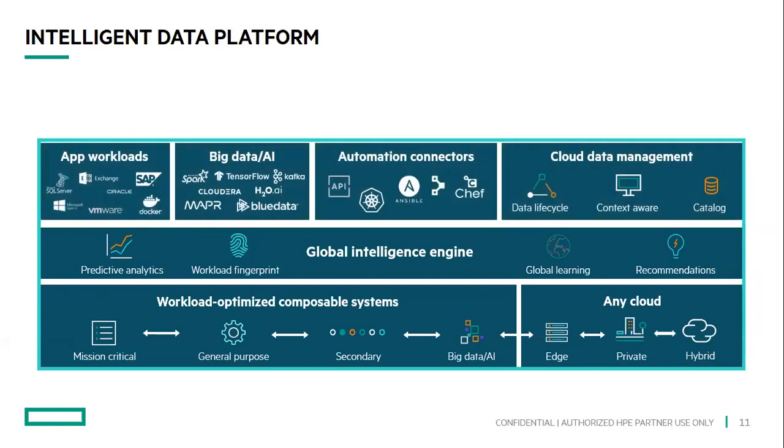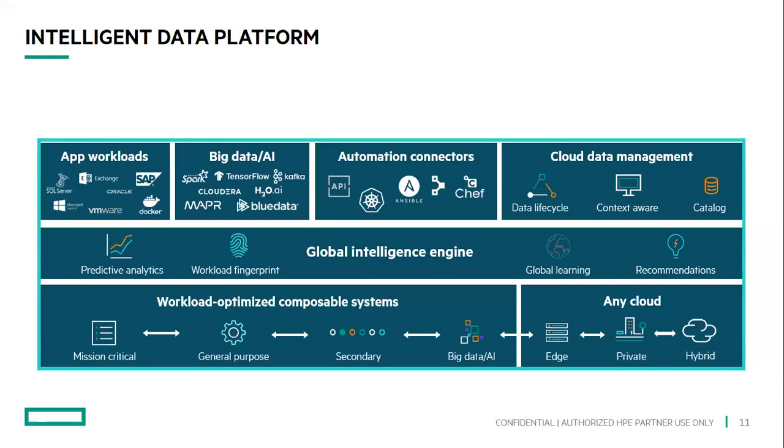On the top layer we have applications, like app workloads such as Exchange, SQL, SAP, Oracle, and VMware. For big data analytics, we are talking about Spark, Cloudera, and BlueData, and for automation, Kubernetes, Ansible, and Chef.